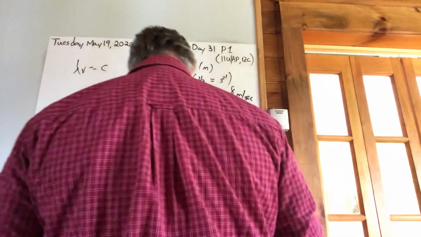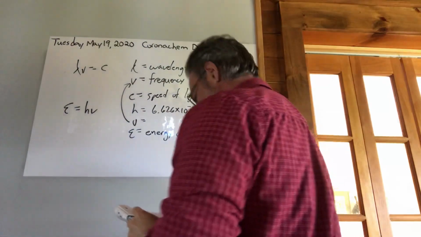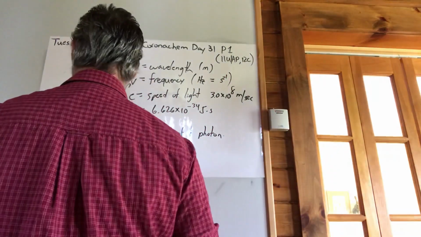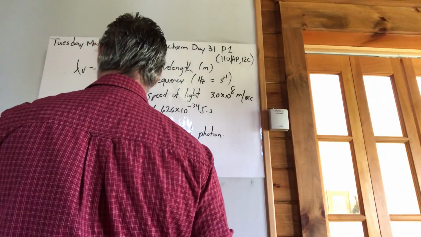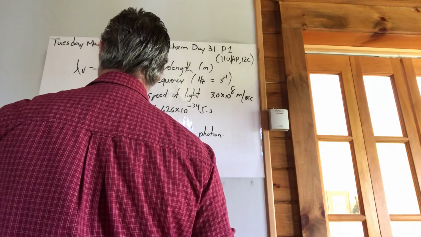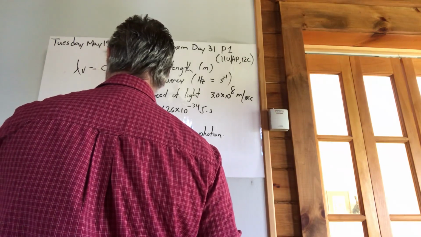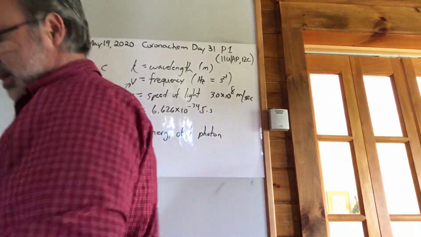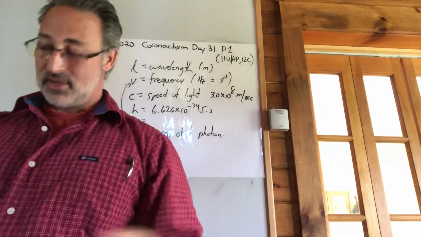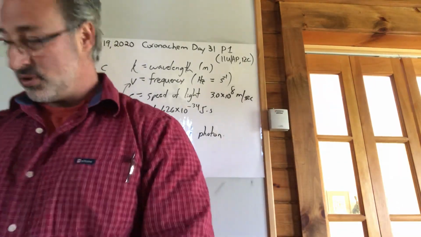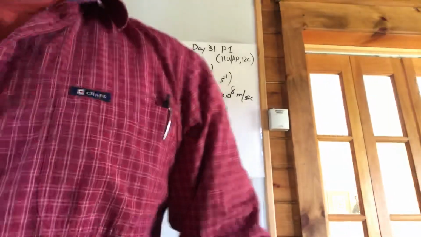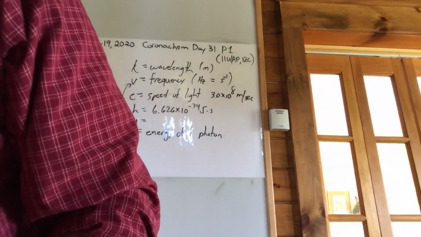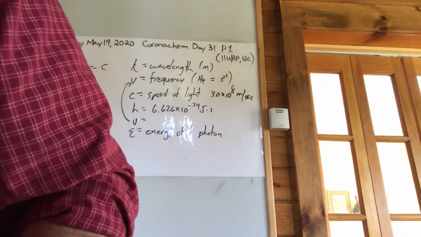So that should be everything you need to solve problem number 18-27 in the text, which is your homework. And then tomorrow I will give you the answers. Also tomorrow I'm planning to give you the answers to the last test we did. Now let me show you the question itself. First I'll read it for you, and then I'll show you the question. It's chapter 18, number 27, I said.